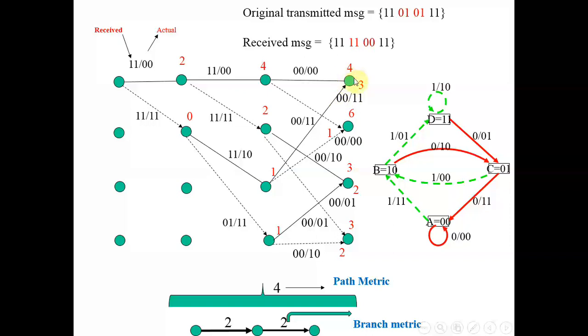So this node has total 2 paths, one coming directly from this, but if I follow this path up to this node, I get a total error value of 4, and another path is coming like this to this point, then from this point to this point, and this point to this point, then I am getting a total count of 3. So this step says for each node retain only the path which is giving you less error and eliminate the higher error giving path.